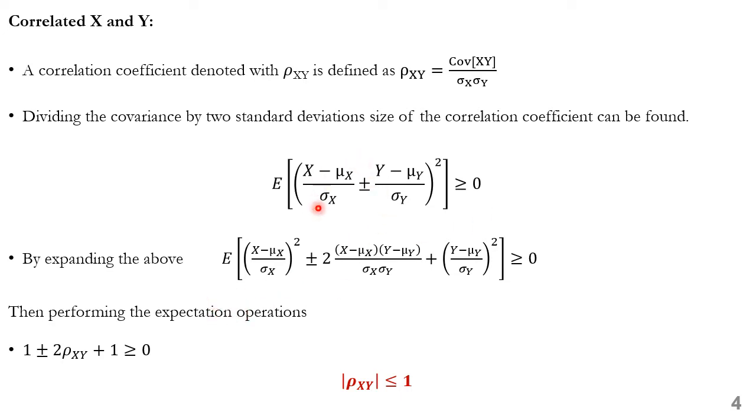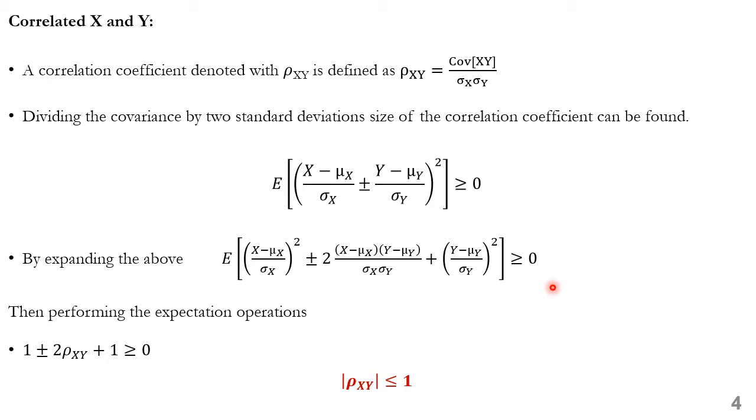By expanding the above, we take the square of this term. We get x minus mu x divided by sigma x whole square, plus or minus 2 times x minus mu x, y minus mu y divided by sigma x sigma y, plus y minus mu y divided by sigma y whole square, which should be greater than or equal to 0.